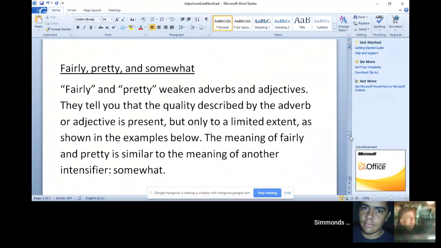Fairly and pretty weaken adverbs and adjectives. They'll tell you that the quality described by the adverb or adjective is present, but only to a limited extent. As shown in the examples below, the meaning of fairly and pretty is similar to the meaning of another intensifier, somewhat.